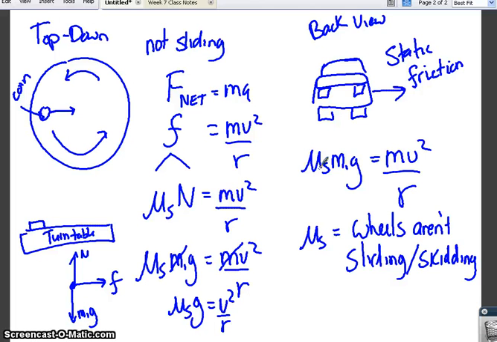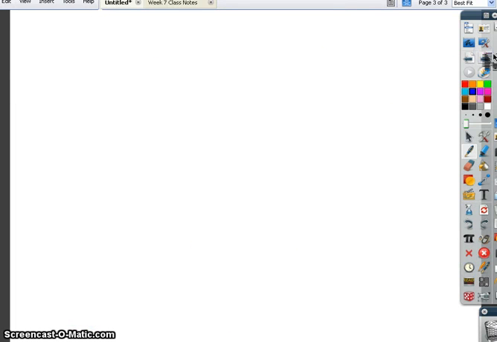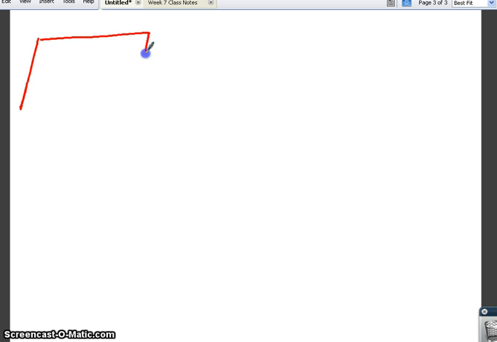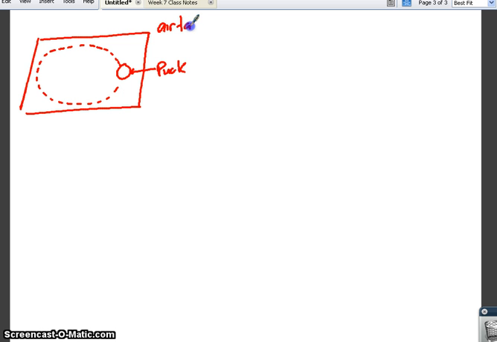We'll do a couple more. This is probably the most complicated one. It's kind of a weird setup here. So we have a plane here, and we're going to call this a puck. The puck is traveling in a circle, and this is an air table, meaning no friction.